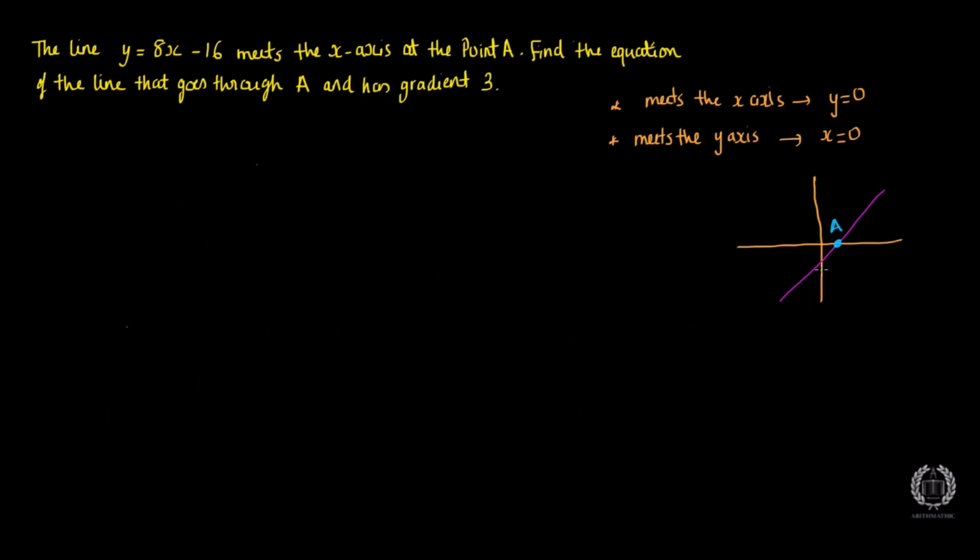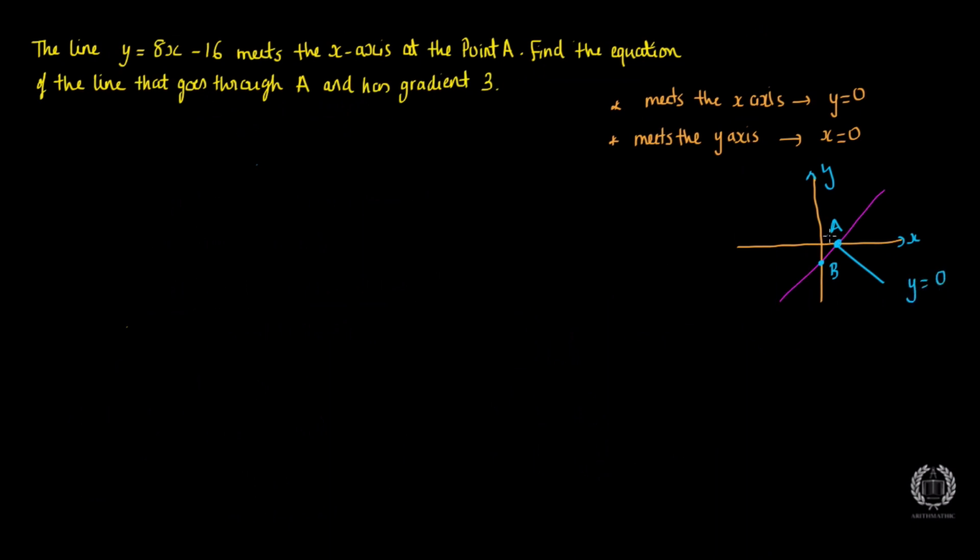Let me call that point A and that point B. Obviously this is our x and this is our y. If you look at point A, what is your y value at this point? Think about it. This is your x-axis and this is your y-axis. Your y value is going to be 0, right? y equals 0.